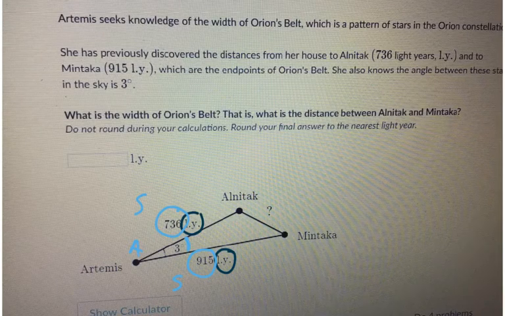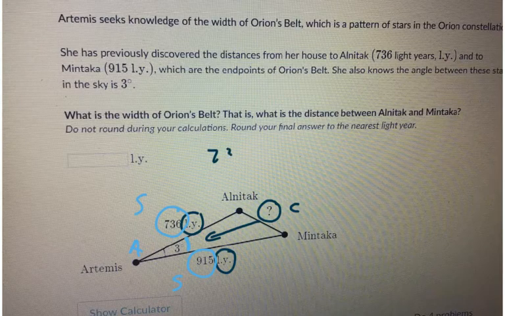And whenever you have side, angle, side, guys, you are going to do the law of cosines. So they're asking for this opposite side from the angle. That's convenient. That's our little c. Remember, little c is always opposite the angle that's between the other two sides. This, again, is law of cosines. So we're just going to go 736 squared plus 915 squared, right?